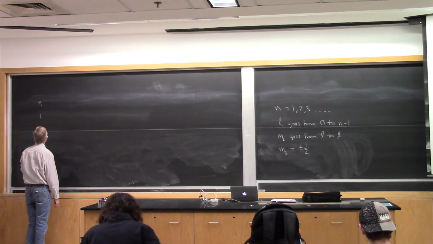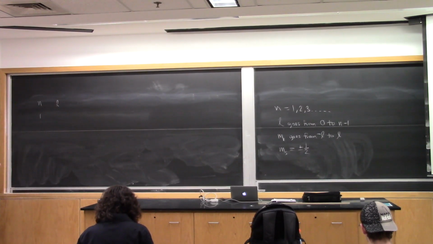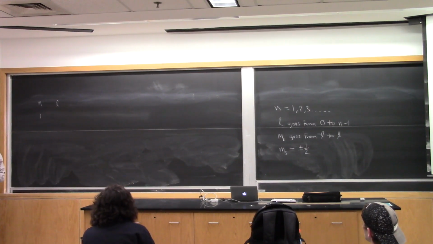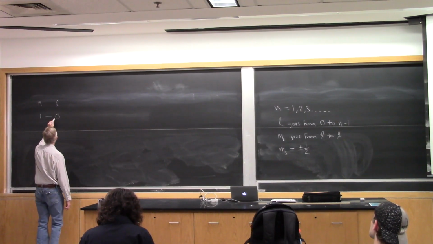Here's n equals 1. If n is 1, what are the possible values of L? L goes from 0 to n minus 1. So L has a maximum value of what if n is equal to 1? 0. So it goes from 0 to 0 in steps of 1. In other words, L has to be 0.